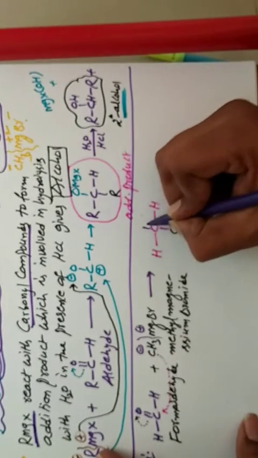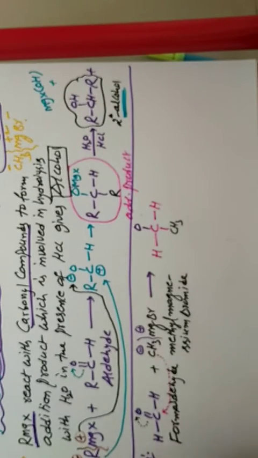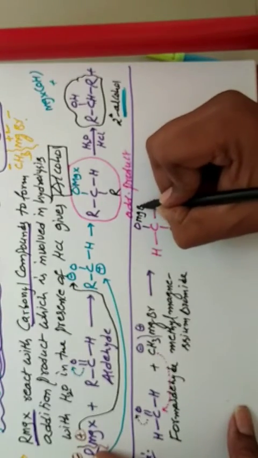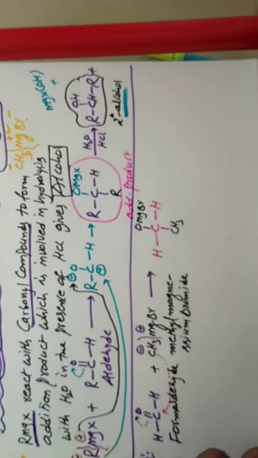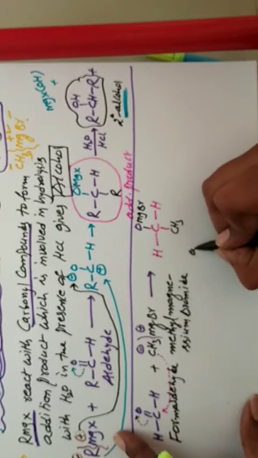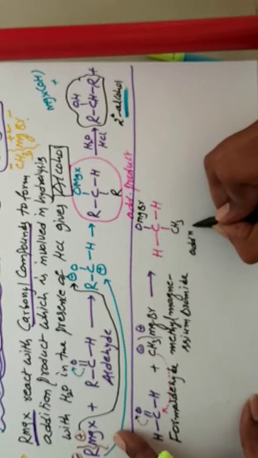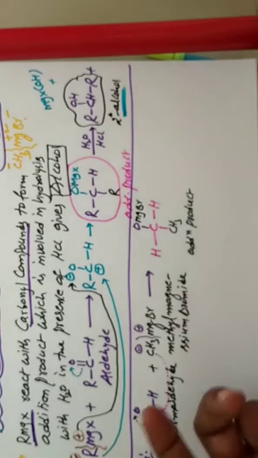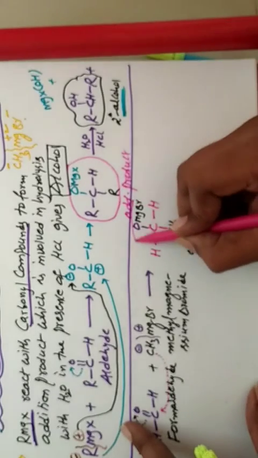Next bond O, it is attached to MgBr. OMgBr. This is the addition product.